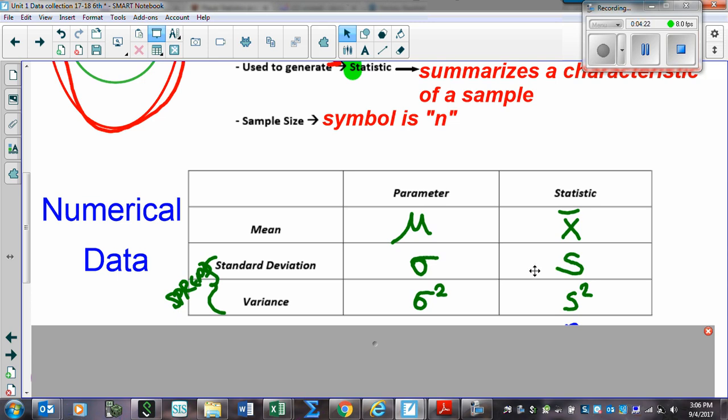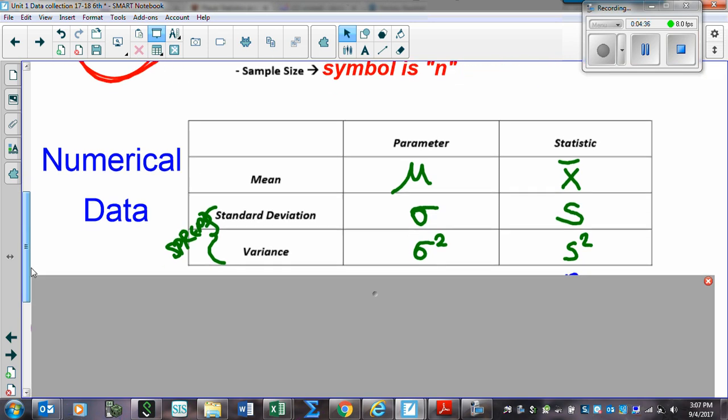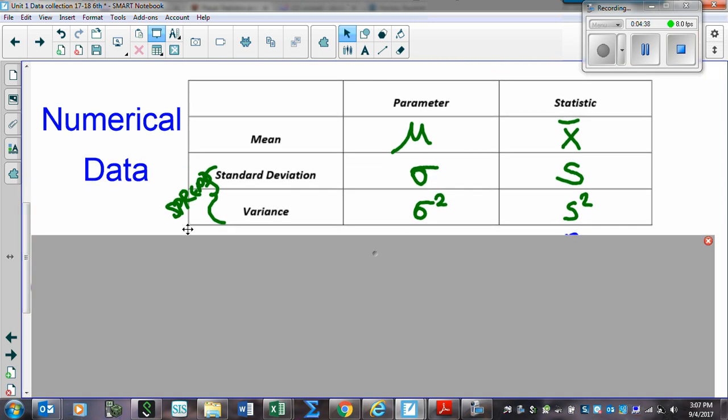It makes some sense that for the variance, sigma squared and s squared, if you have the variance, in order to find the standard deviation, you can just take the square root of the variance. There are slightly different formulas for standard deviation and variance from a population versus from a sample, but most of the time we work with sigma and s when we're doing problems.